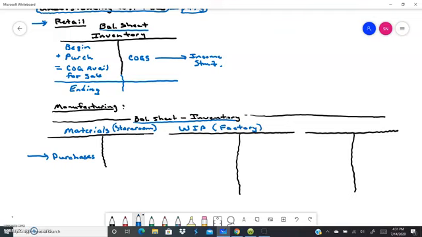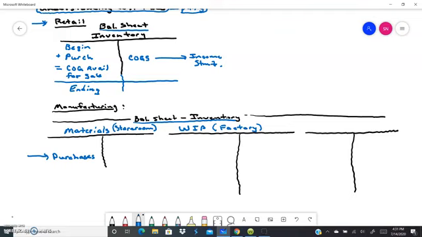In any other business, this is where the product is being manufactured, assembled, whatever you want to call it. But the factory is where all of that is happening. Okay, so we're going to call that work in process. Work in process is where all the costs come together.